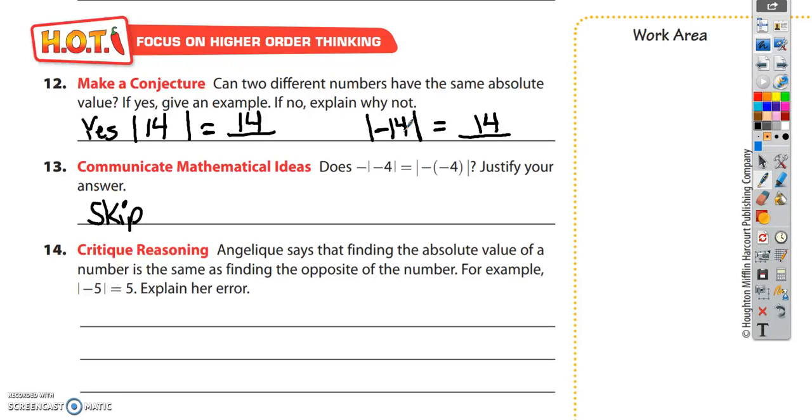And question number 14. Critique reasoning. Angelique says that finding the absolute value of a number is the same as finding the opposite of a number. For example, negative 5 is equal to 5. Explain her error. Well, she's right sometimes. She's right that negative 5 is in fact equal to 5, and 5 is both the absolute value and opposite of negative 5.